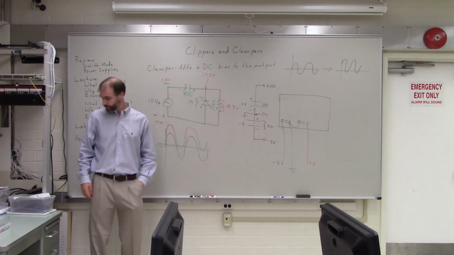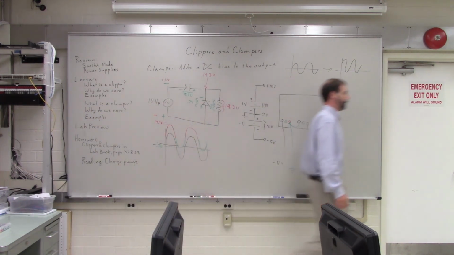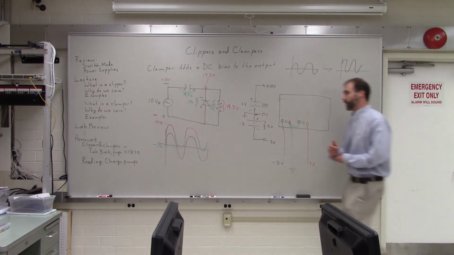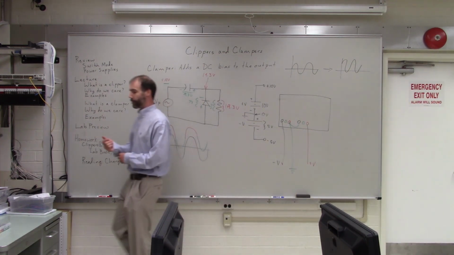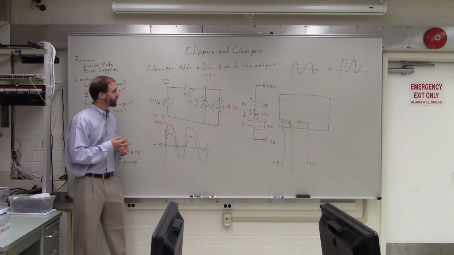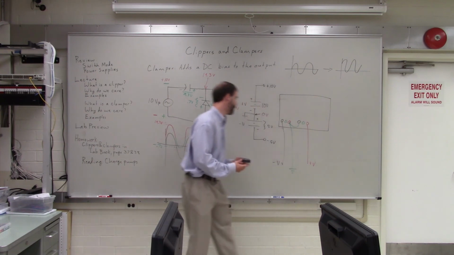Okay. So that was one part of the lab preview. What else did I want to say? Oh yeah, the oscilloscopes. Remember, the oscilloscopes have two types of coupling, AC coupling and DC coupling, right? DC coupling shows you the entire signal.